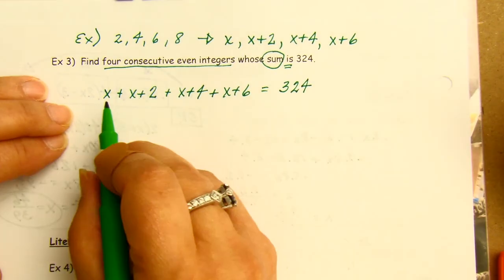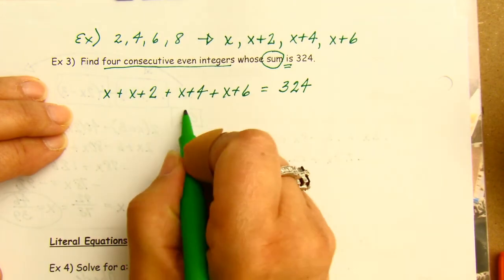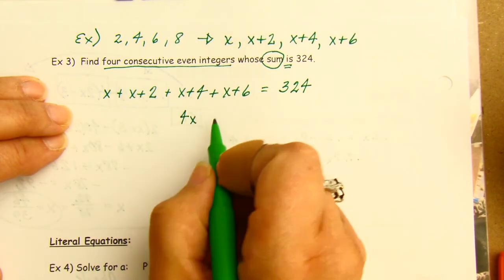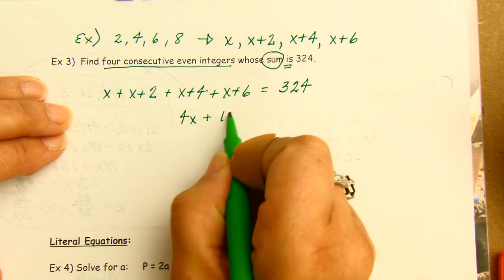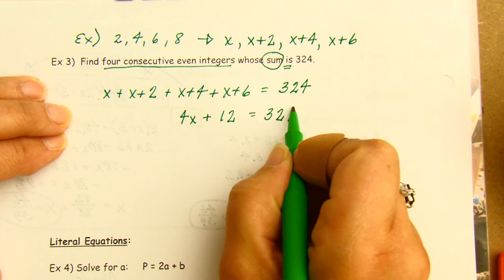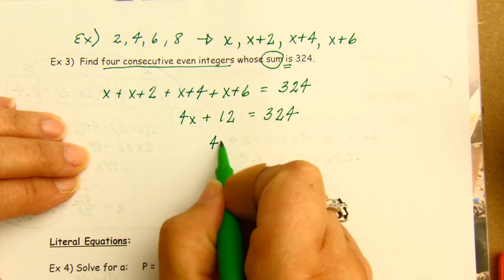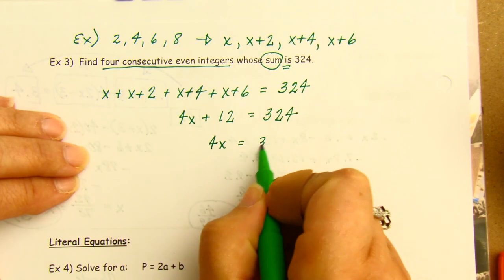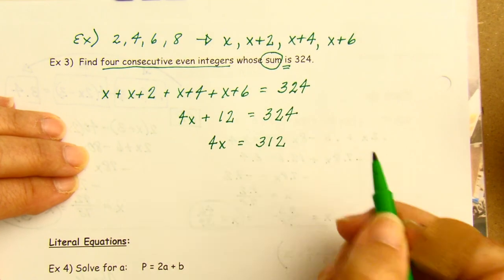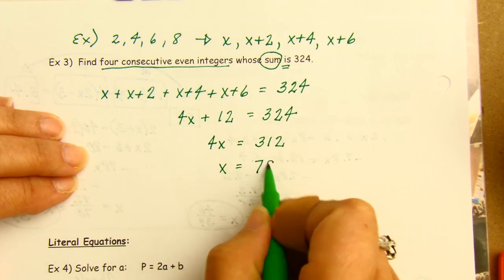I add up my x's, 1x plus another 1x plus another 1x plus another 1x is 4x. And when I add my constants, I get 12, so 4x plus 12 equals 324. Subtract 12 from both sides, I get 4x equals 312. And when I perform division, x equals 78.